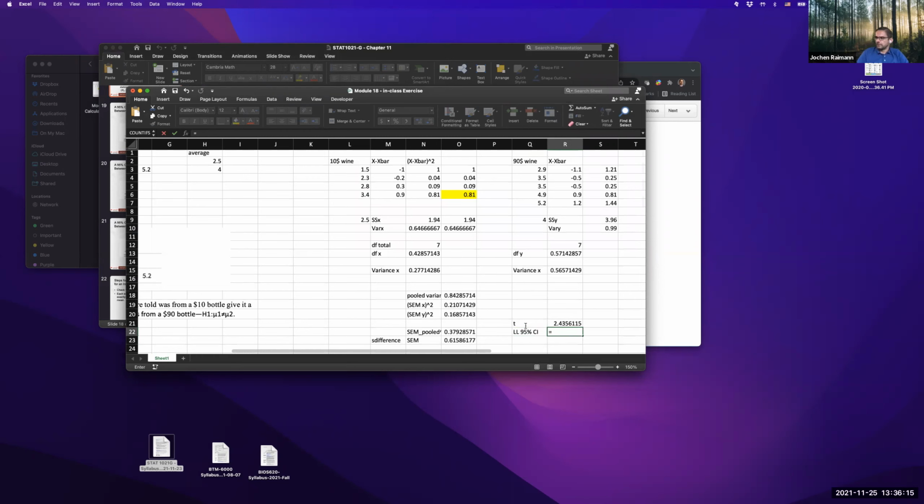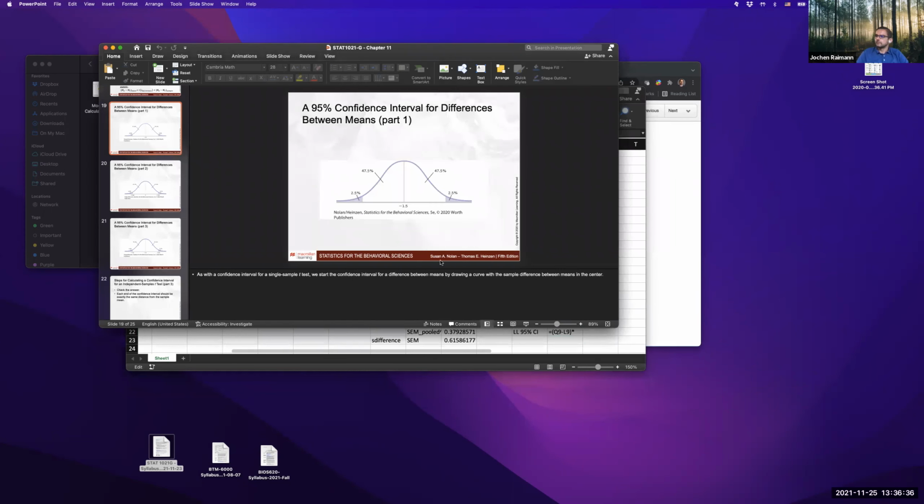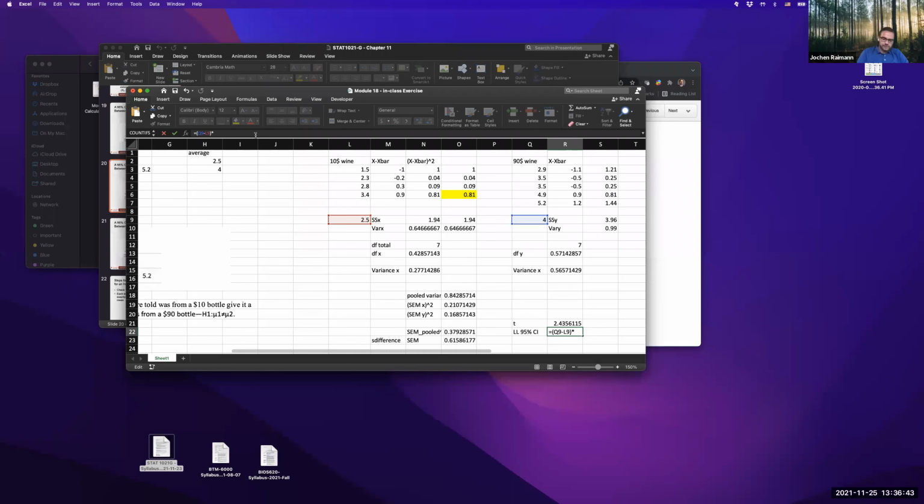You do this minus this, multiplied by what was the degrees of freedom? Degrees of freedom must have been 2.365, I believe.